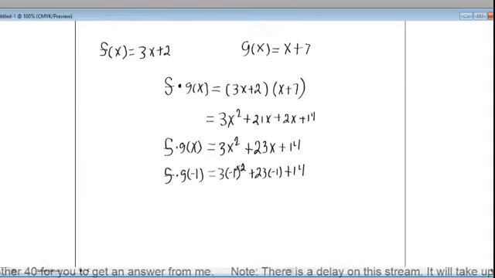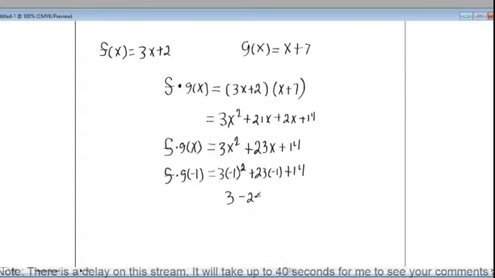Okay, so 1 squared, or sorry, -1 squared is 1. 1 times 3 is 3. -1 times 23 is -23. And then plus 14.